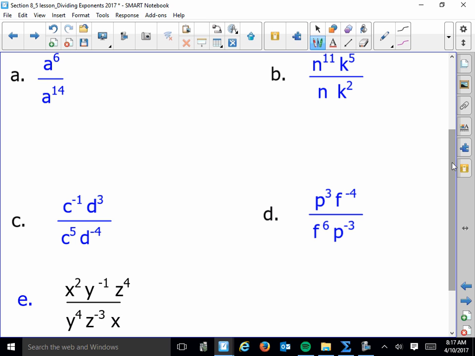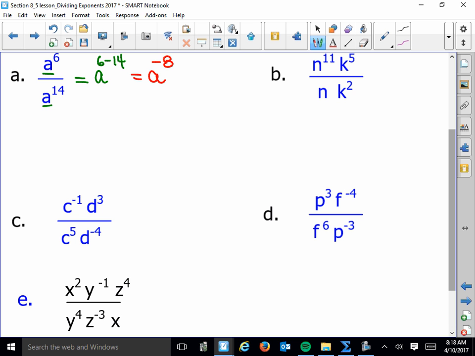Okay, so letter A: a to the 6th divided by a to the 14th. I recognize that both of the powers have the same base, and then I'm dividing. So I know that this will simplify to a to the 6 minus 14. Now, you may not want to write this intermediate step that I'm writing, and that's perfectly fine. So I'm left with a to the negative 8.